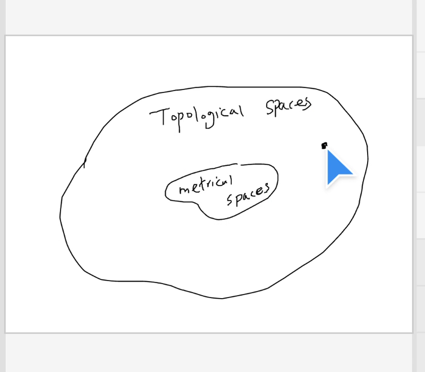But we have some topological spaces that do not belong to metric spaces.